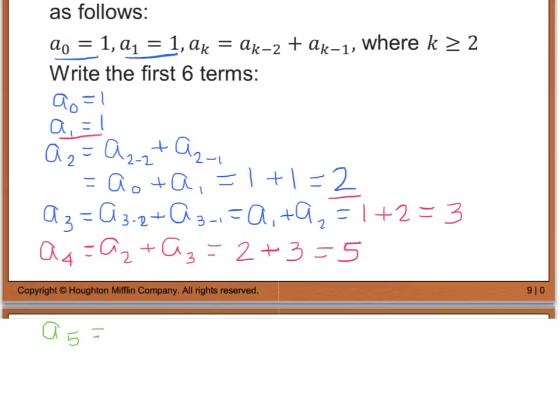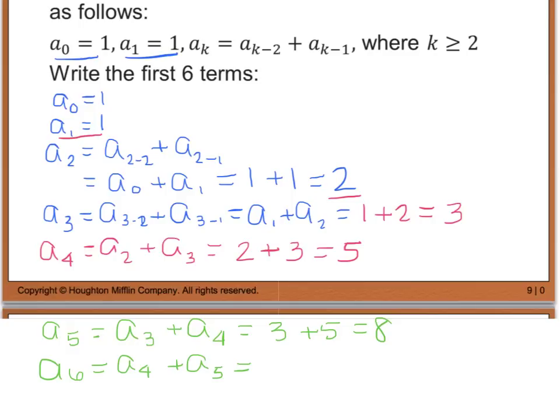So a sub 5 is equal to my a sub 5 minus 2, which is a sub 3, plus a sub 5 minus 1, which is a sub 4. A sub 3 we said was 3 plus 5 equals 8. And my last term is going to be a sub 6. So a sub 6 minus 2 is going to give me a sub 4, plus a sub 6 minus 1, which is a sub 5.